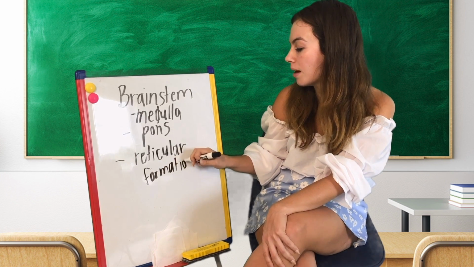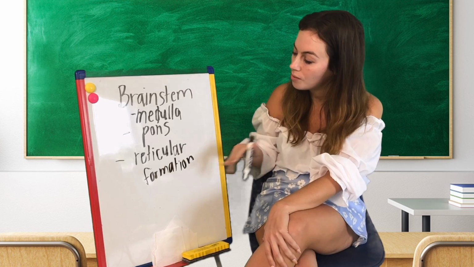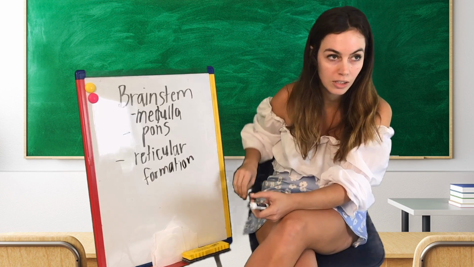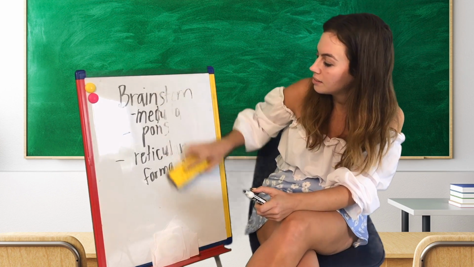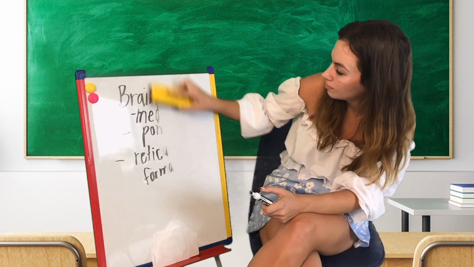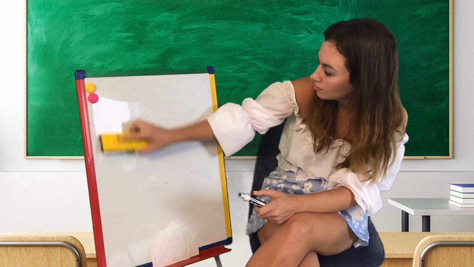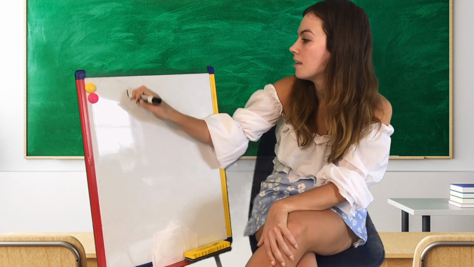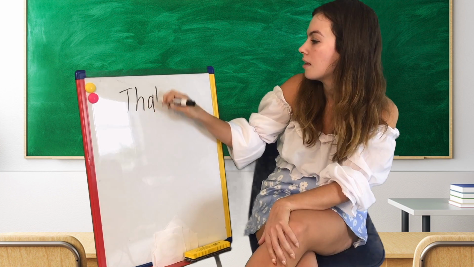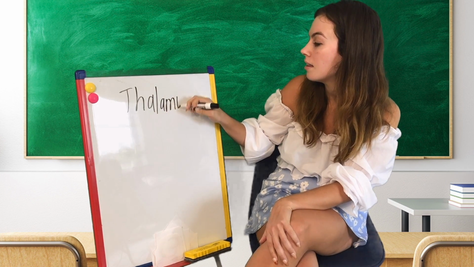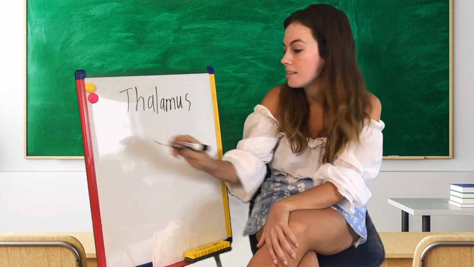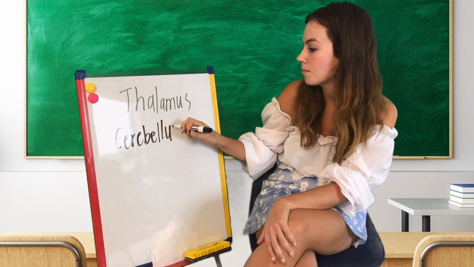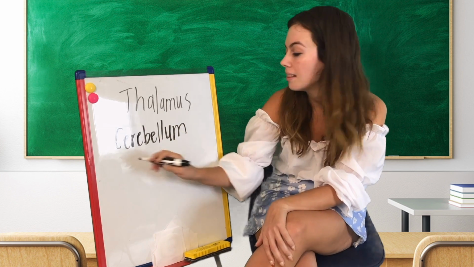I'm going to talk about the purpose of all of these things. So that's one brain structure we'll be looking at. We're also going to be looking at the thalamus, as well as the cerebellum, and the limbic system.